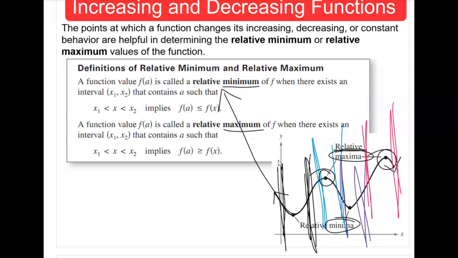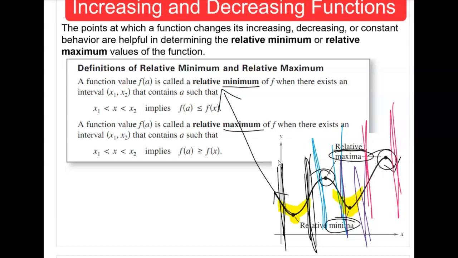So just like the description says, it's going to be something that looks lower than the points around it. We could also call it, what do they call it, like a valley.